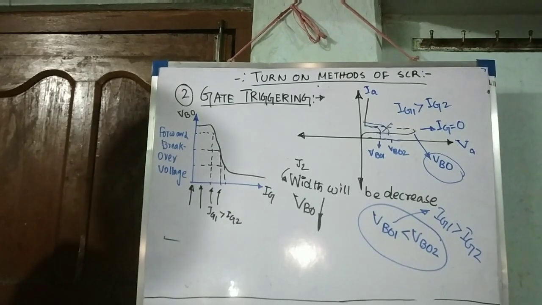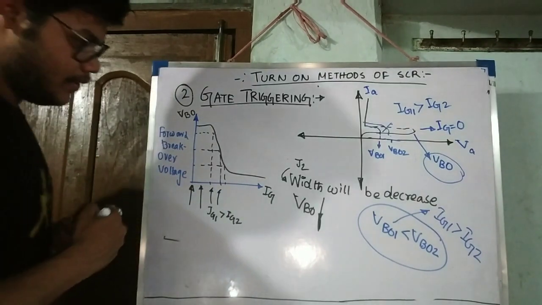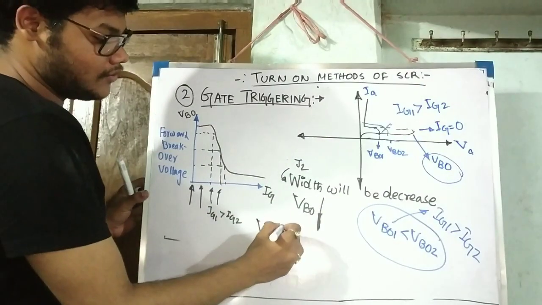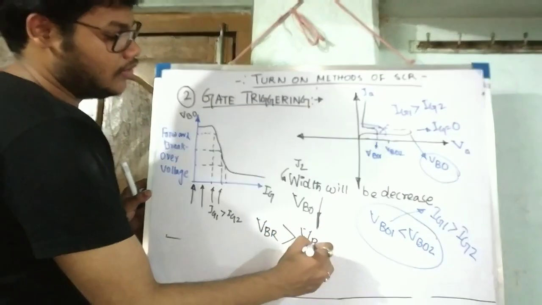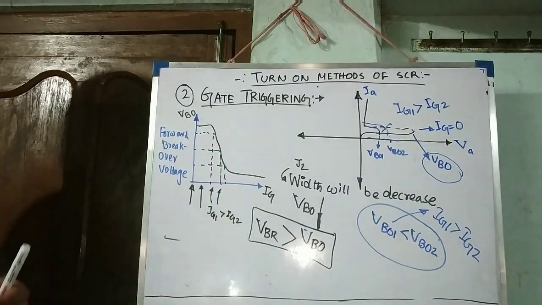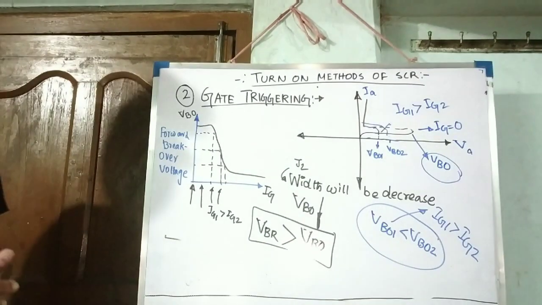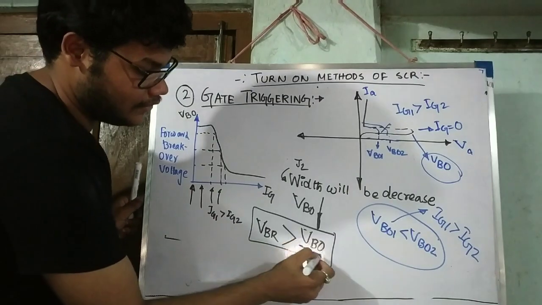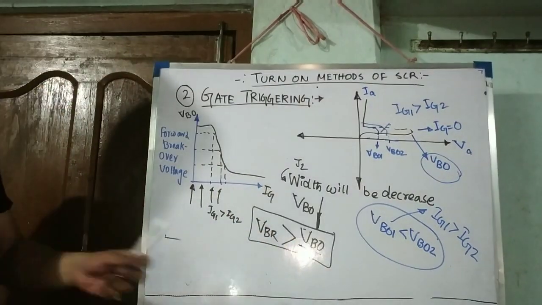And remember one thing, the VBR, the reverse breakdown voltage, is always greater than your VBO. So the SCRs are typically designed in this voltage rating, not in this voltage rating.